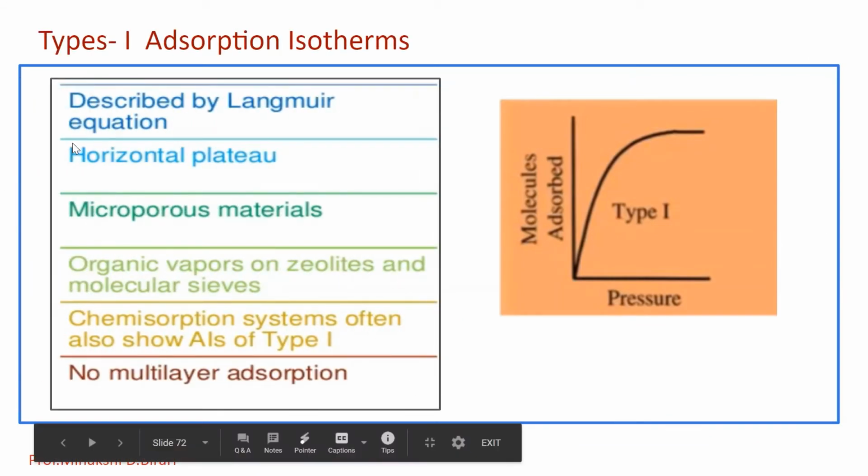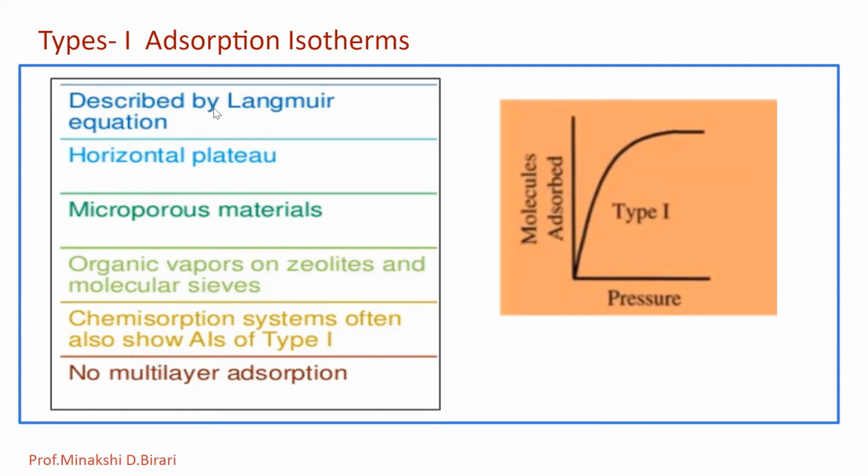The type first adsorption isotherm is described by the Langmuir equation. The curve describes monomolecular layer formation in adsorption. It is more suitable for chemical adsorption. This type of isotherm is typical of microporous solids where only monolayer adsorption occurs.